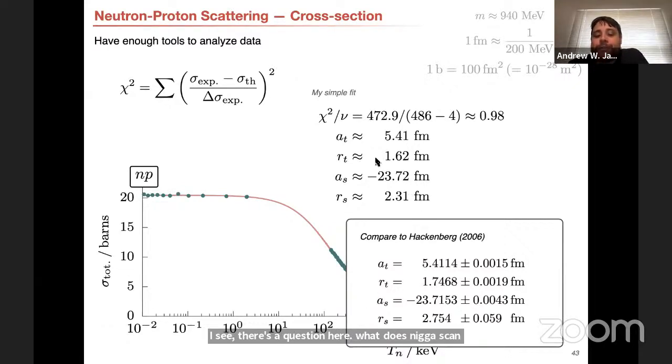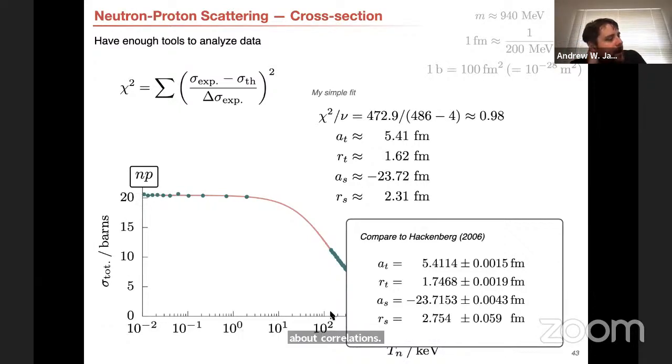The effective ranges are not as good, and there's a reason for that. It's because of the way I've presented how to do this, there can be a lot of correlations between these parameters, and I don't want to talk too much about correlations.